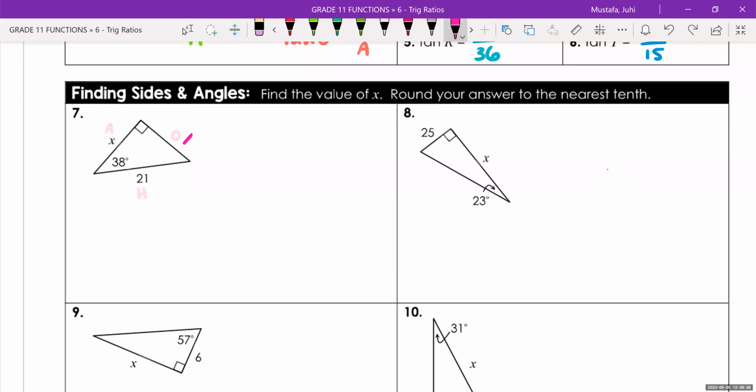Sarah, we would have to use cos. So the way we're going to do that is we're going to go cos theta is equal to adjacent over hypotenuse. I know what theta is because it's given to me. It's going to be cos 38 is equal to adjacent is x, and the hypotenuse is 21.